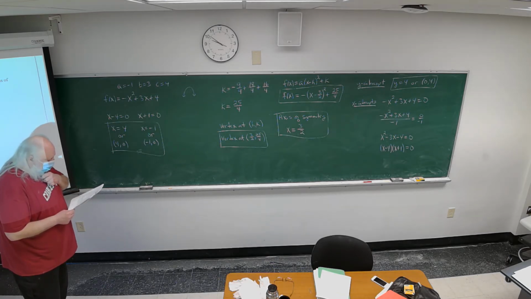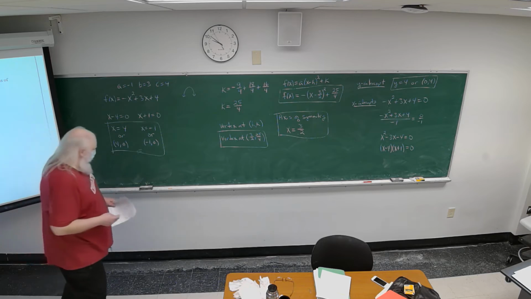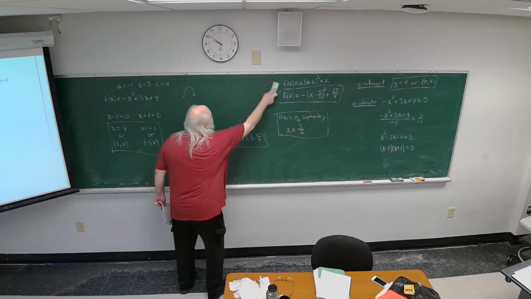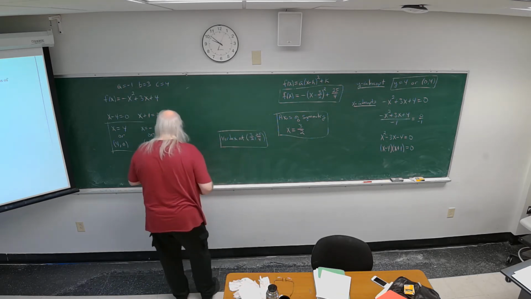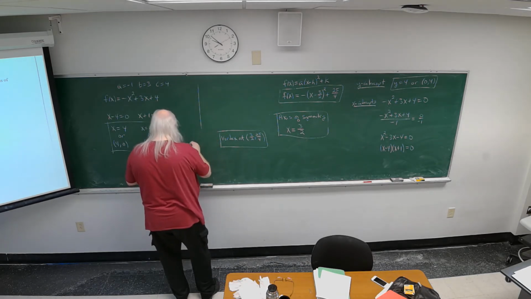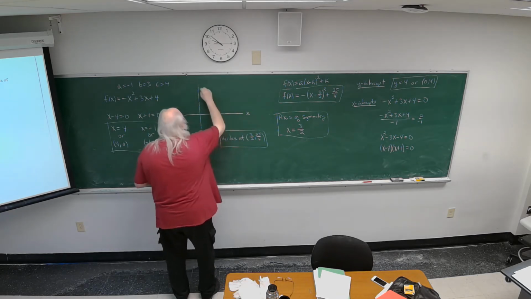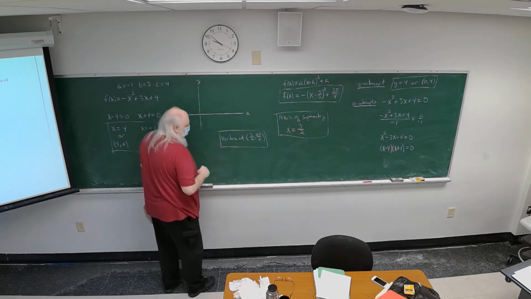So the only thing left is to sketch the graph and determine the domain and the range, right? So this is a crude sketch. The vertex is at 3/2, 25/4, right?